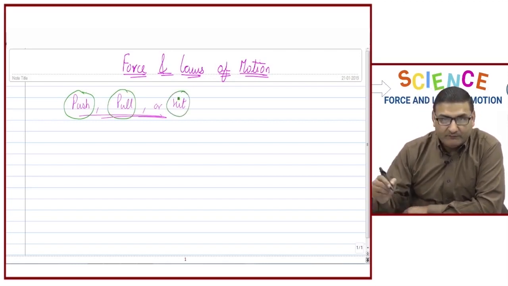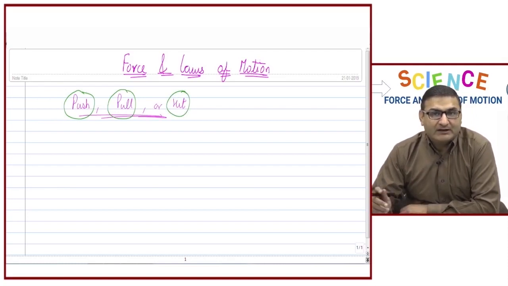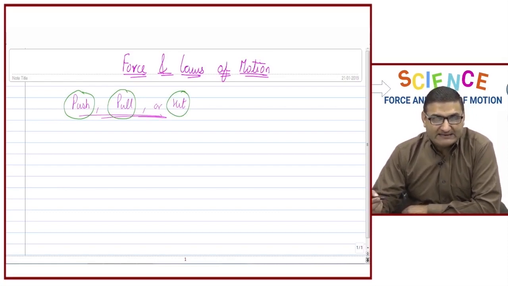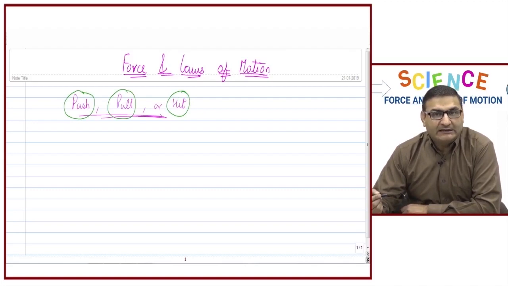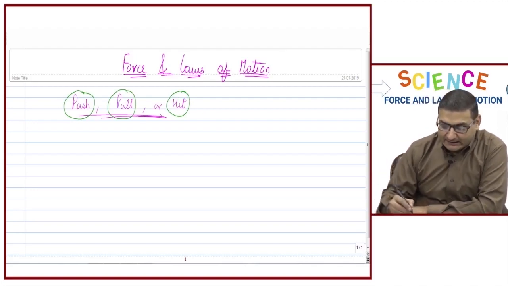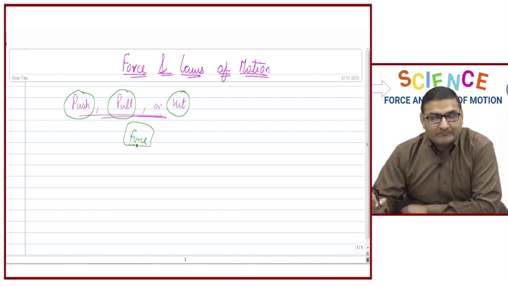Or if we want to bring a stationary hockey ball into motion, we have to hit it with a hockey stick. So we can say that in order to bring something in motion, we have to push or pull or hit. This pushing, this pulling and this hitting is basically known as force, right?